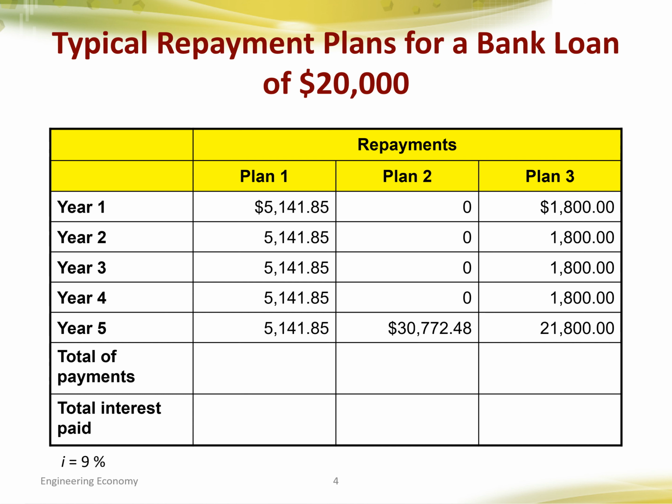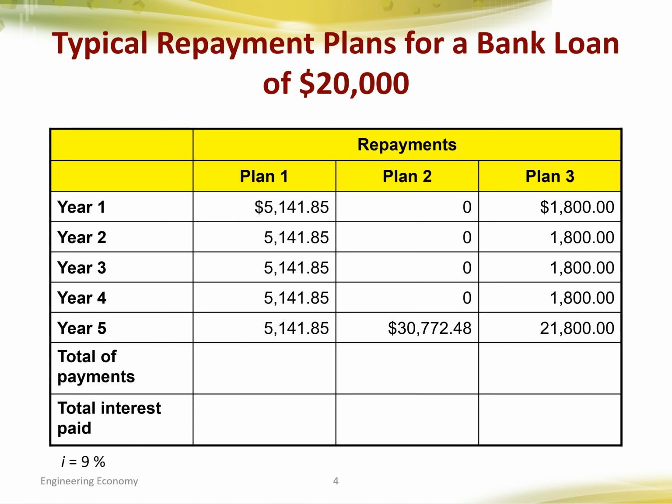But if you scale the value of each year, and then add them up at the 5th year, using an interest rate of 9%, it should come to the same number as what Plan 2 shows. For Plan 3, we have 4 equal payments, which are much smaller than 5,000, but the last payment is more than 20,000.